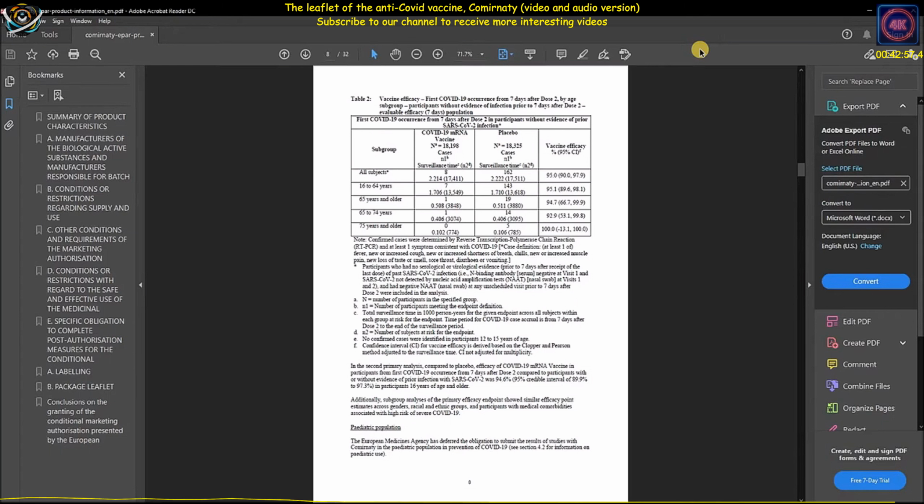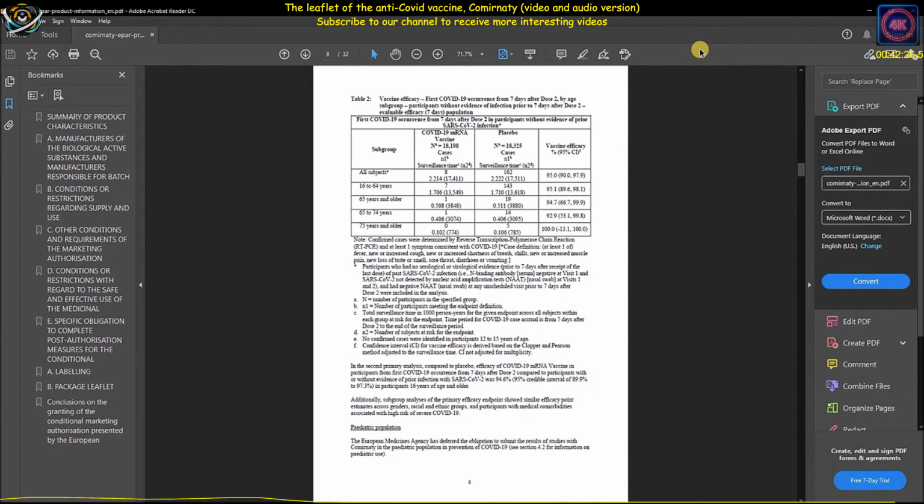Participants who had no serological or virological evidence, prior to 7 days after receipt of the last dose, of past SARS-CoV-2 infection, i.e., N-binding antibody serum negative at visit 1 and SARS-CoV-2 not detected by nucleic acid amplification tests, NAAT, nasal swab at visits 1 and 2, and had negative NAAT, nasal swab, at any unscheduled visit prior to 7 days after dose 2 were included in the analysis.